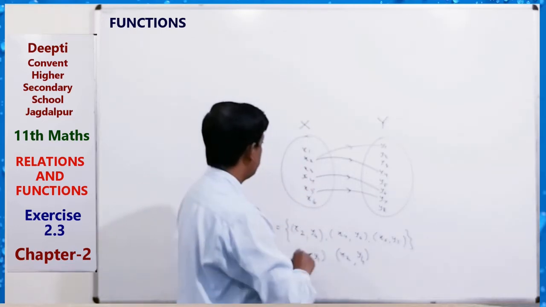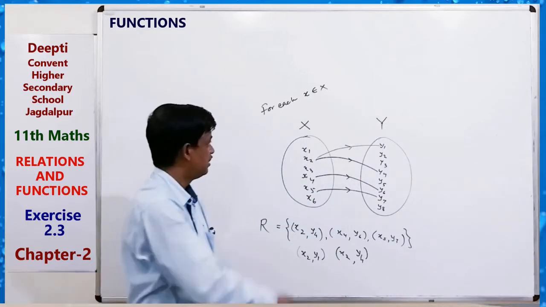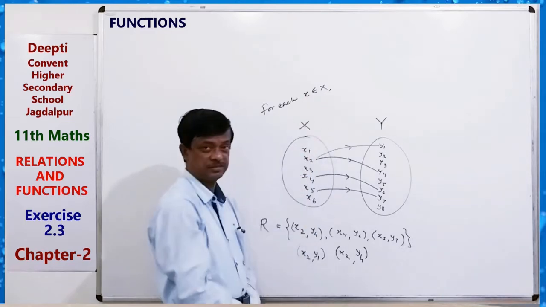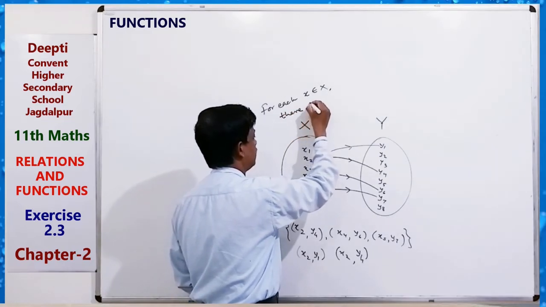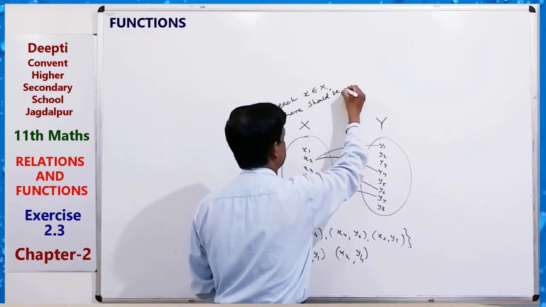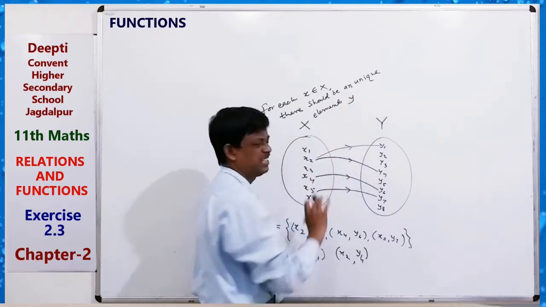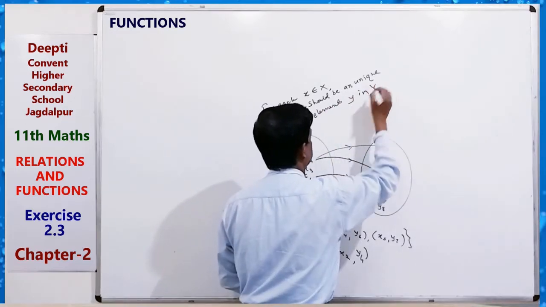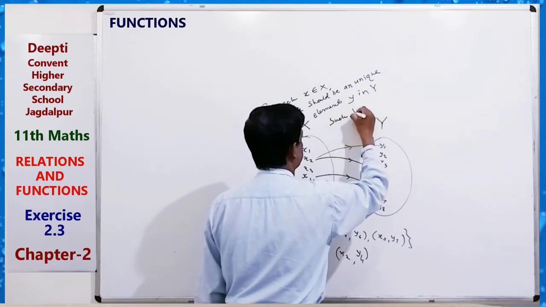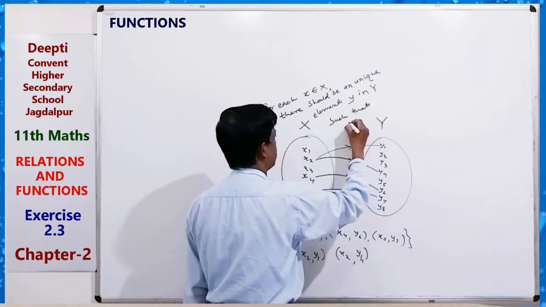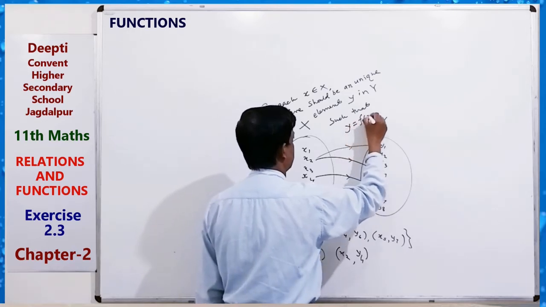So for each x belongs to X, there should be a unique element y in Y such that y equals f(x). We write like this.